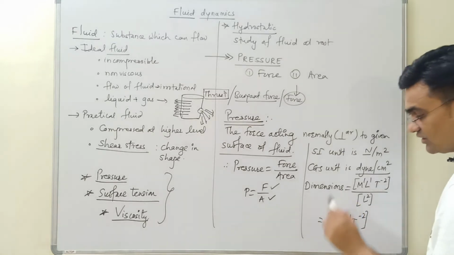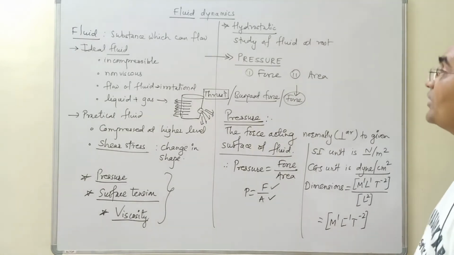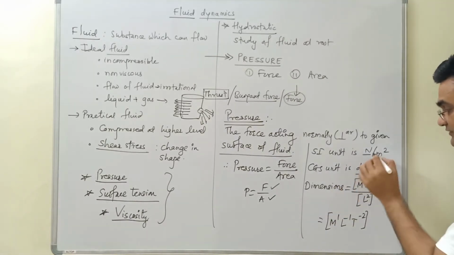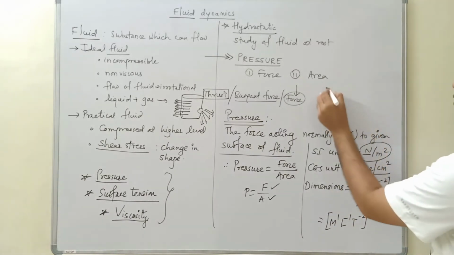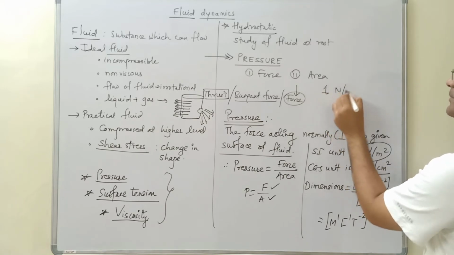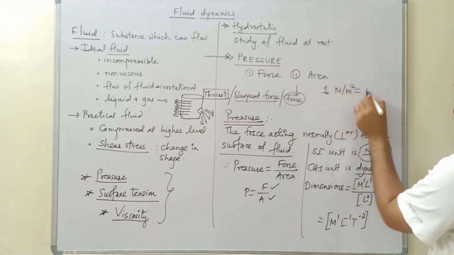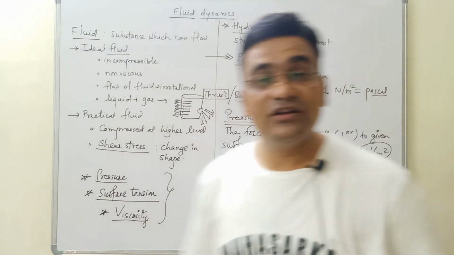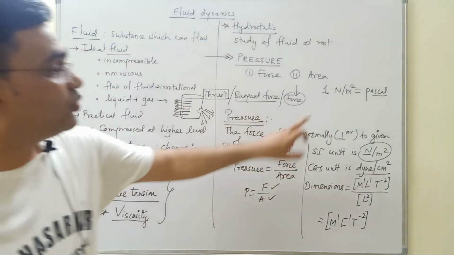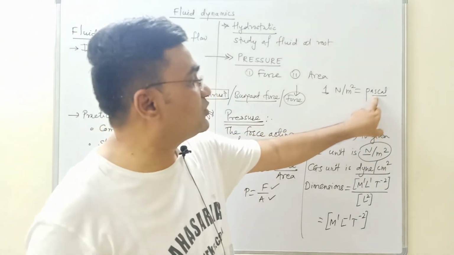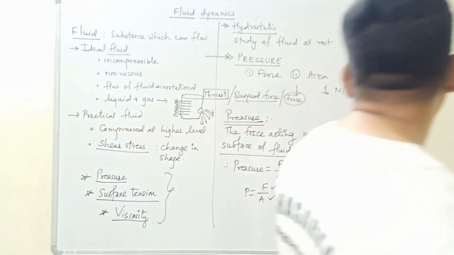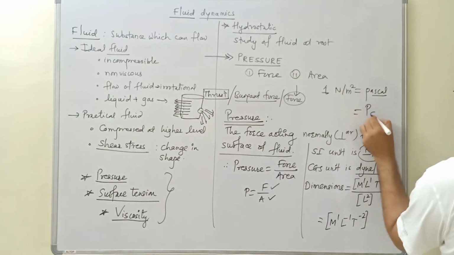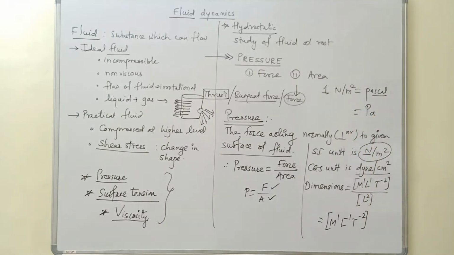These will be the total dimensions of pressure. Remember, 1 Newton per meter square is also equal to Pascal, as Sir Pascal had given one important law related to pressure. Therefore 1 Newton per meter square is also taken as Pascal. The symbol is Pa.